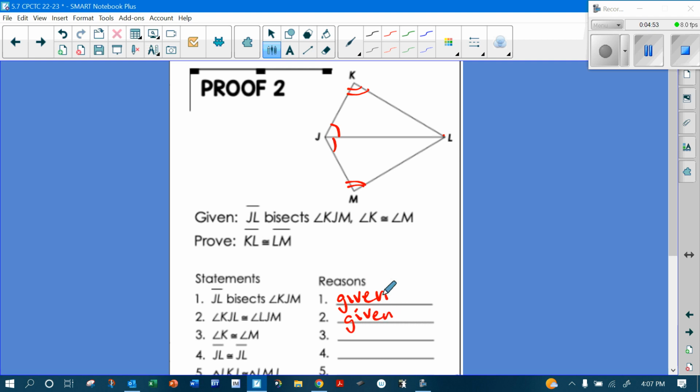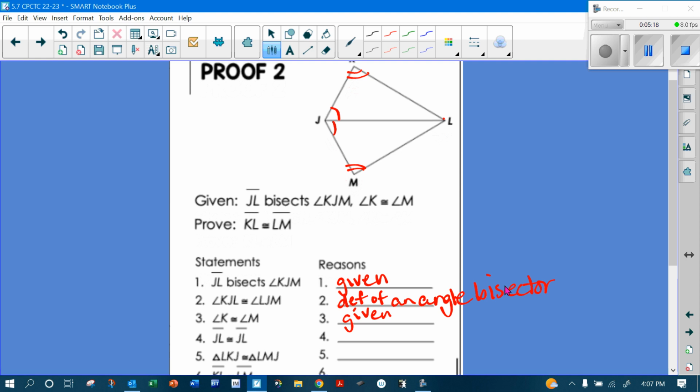Oh wait, that's not where that goes, this goes here. Angle KJL is congruent to angle MJL. This is the definition of an angle bisector. Sorry, I told you I haven't done this yet.